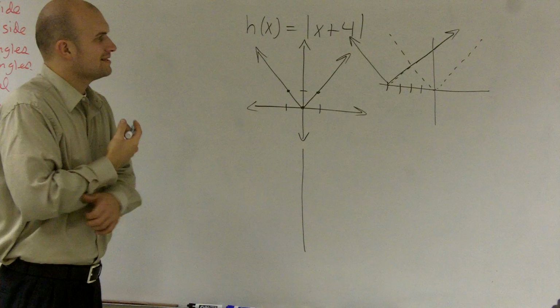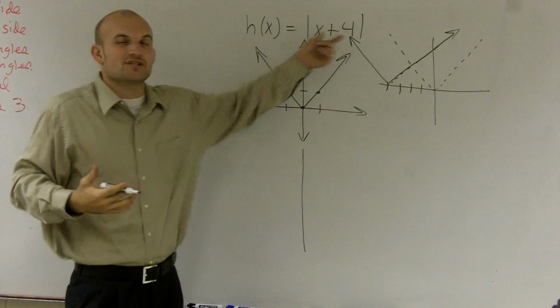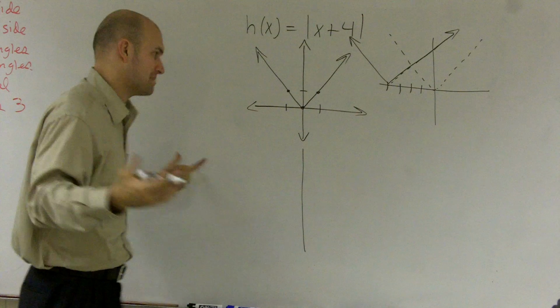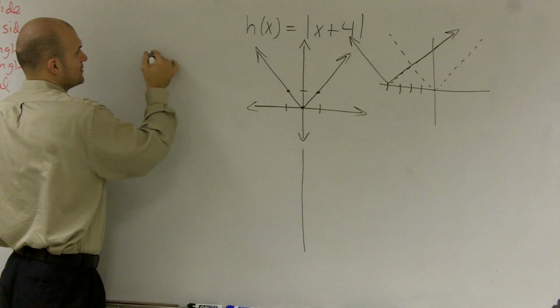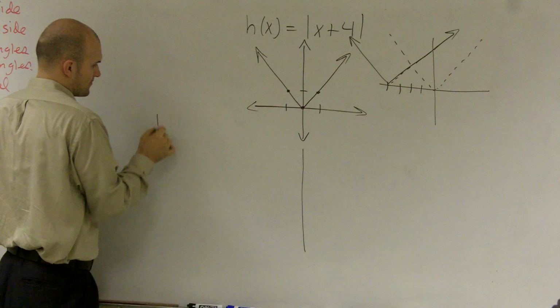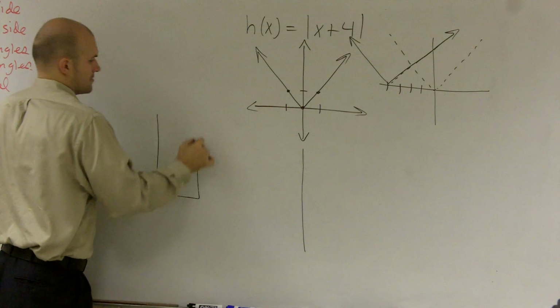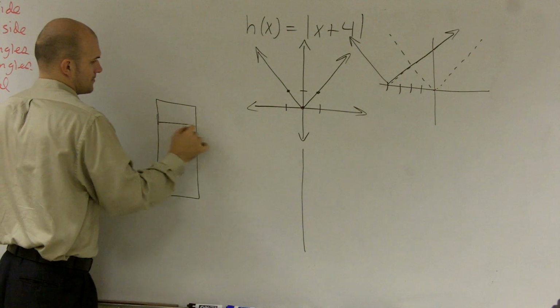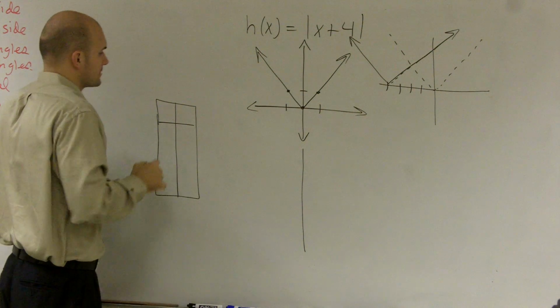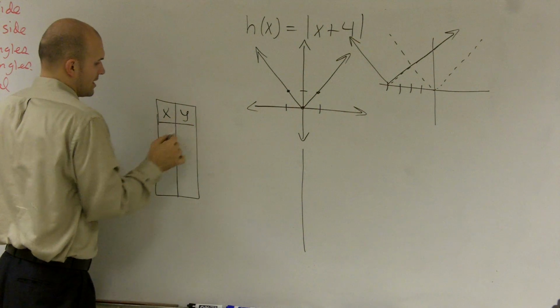All right, now let's go and prove that. How do you know this is shifting left 4? I thought add 4, that should go to the right, right? It makes sense. Well, let's take a look at what the graph would look like. Let's pick some points, x and y.